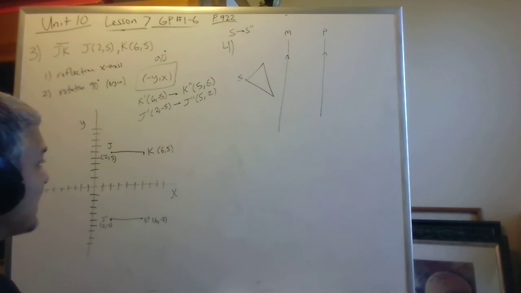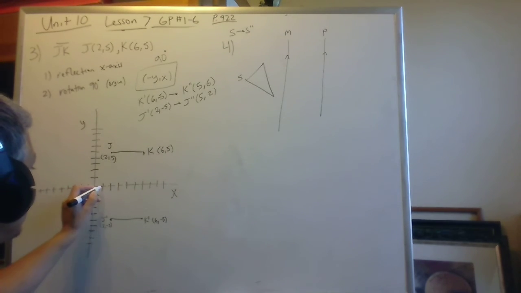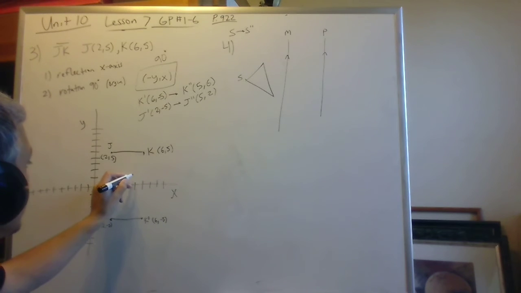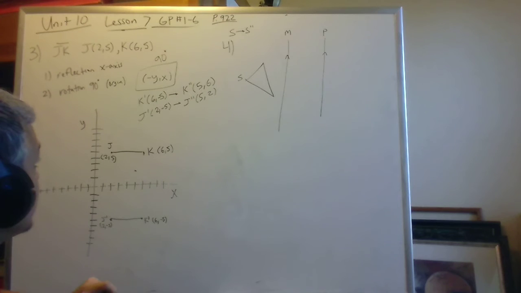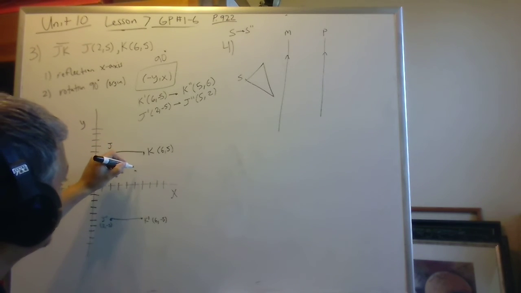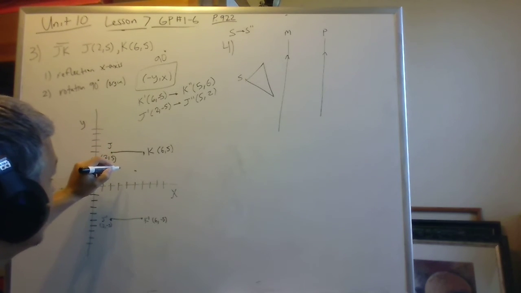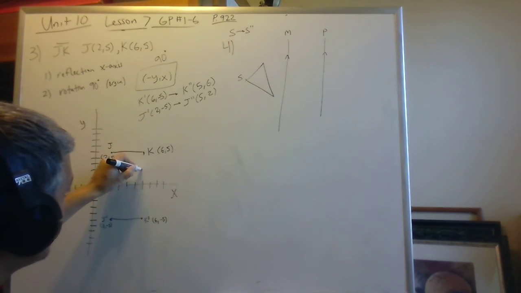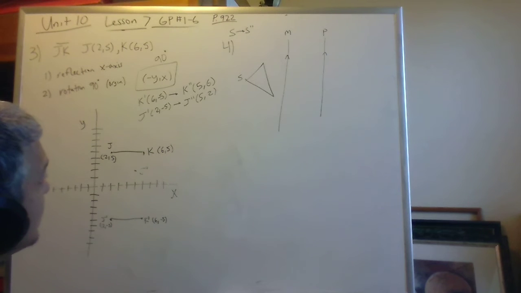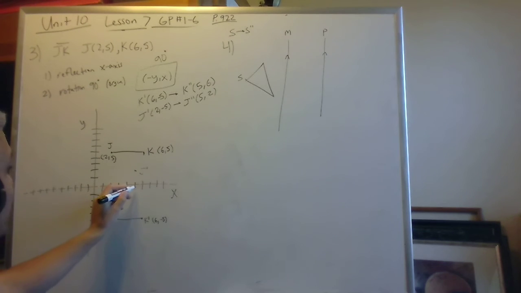All right, so now I'm going to just graph that. So we have 5 and 2, and up 2. So that would be our J double prime, and then K double prime is at 5 and 6.